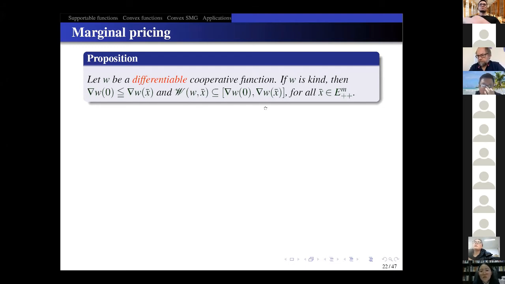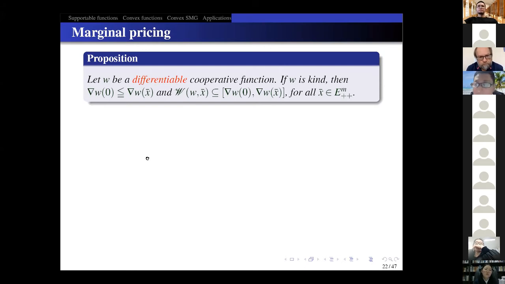One part of this proposition is that the Walrasian core is always upper bounded by the gradient of this function at x bar.